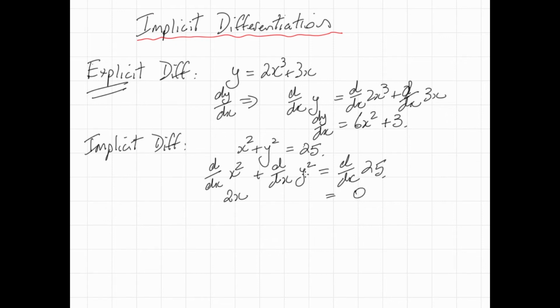Now how do we find the derivative with respect to x of y squared, where we know y is a function of x? We've got, if you like, something like a composite function, so we need to use the chain rule. So the derivative with respect to x of y squared equals d dy of y squared times dy dx.